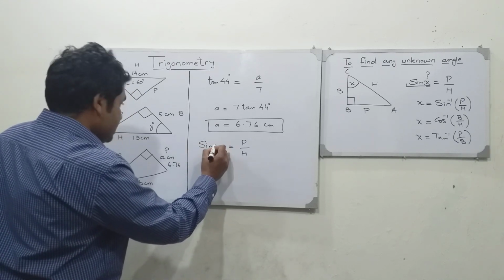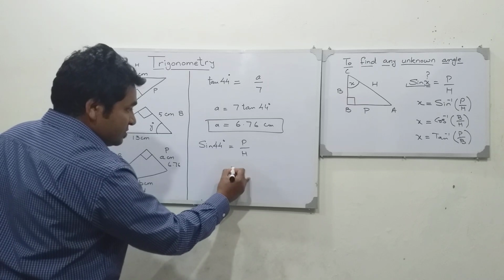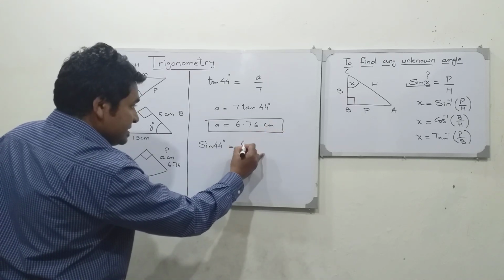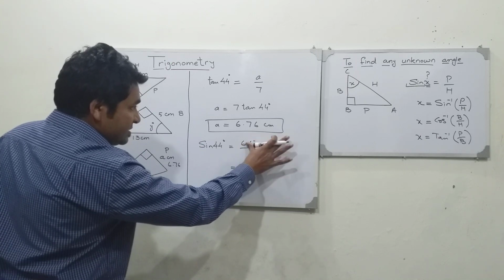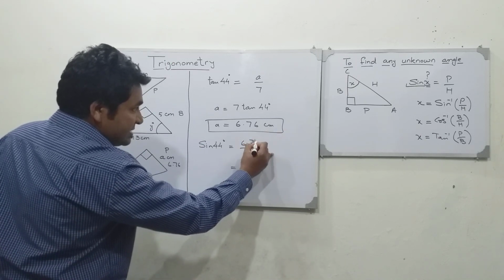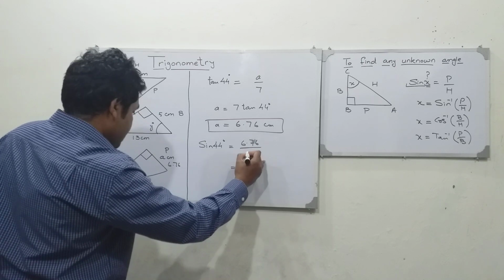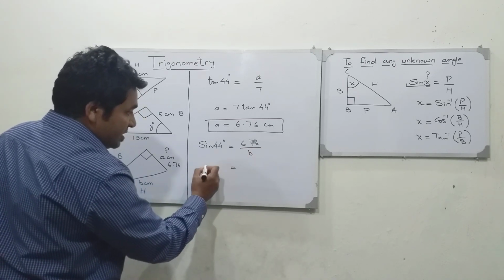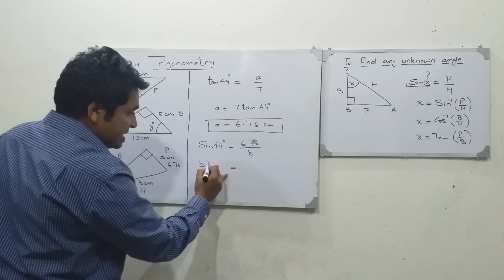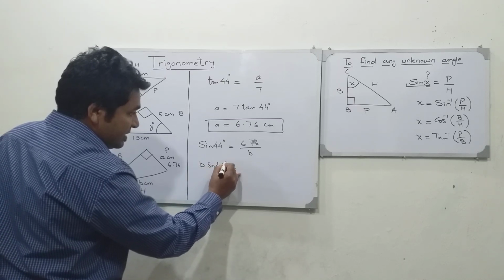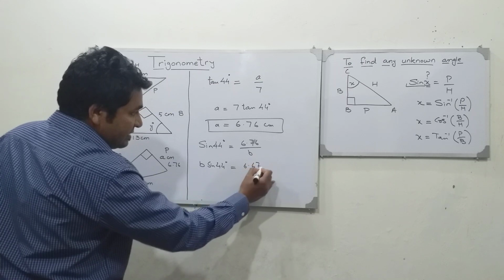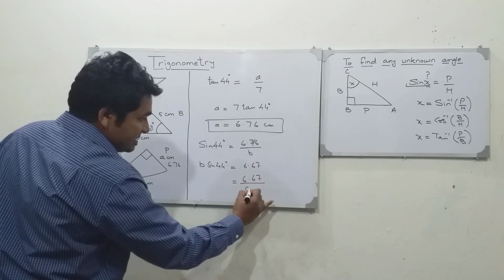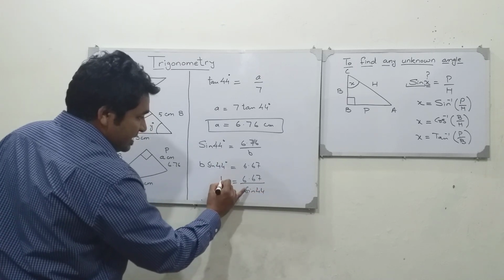So sine 44 degrees. Replace these by their values. So it is 6.76 over B. B we are supposed to find. So take it to this side, and it will become B sine 44 degrees equals 6.76, and then 6.76 divided by sine 44 is B.